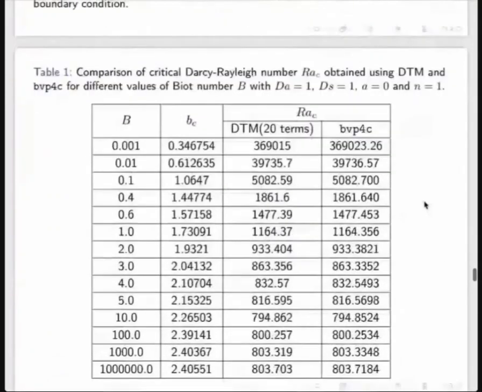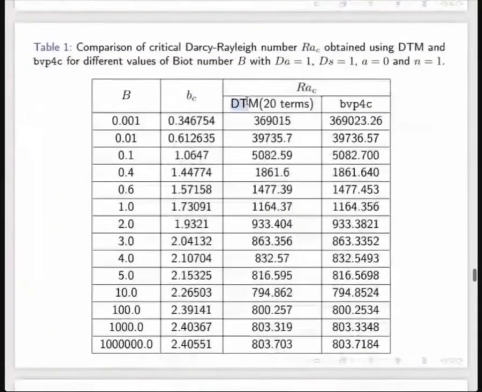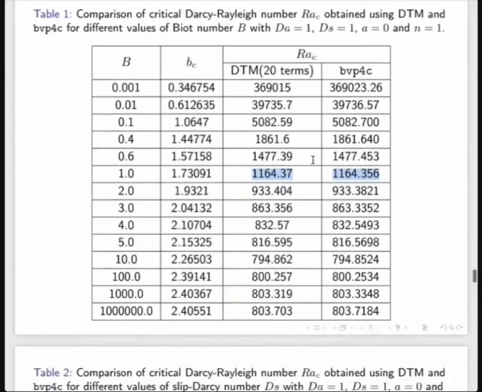We have also compared the solution obtained by the differential transform method with that of BVP4C, which is a MATLAB inbuilt routine. You see there is a close agreement between the values that we have obtained using the Taylor series method and the MATLAB built-in routine, which also tells us about the accuracy of the present method.